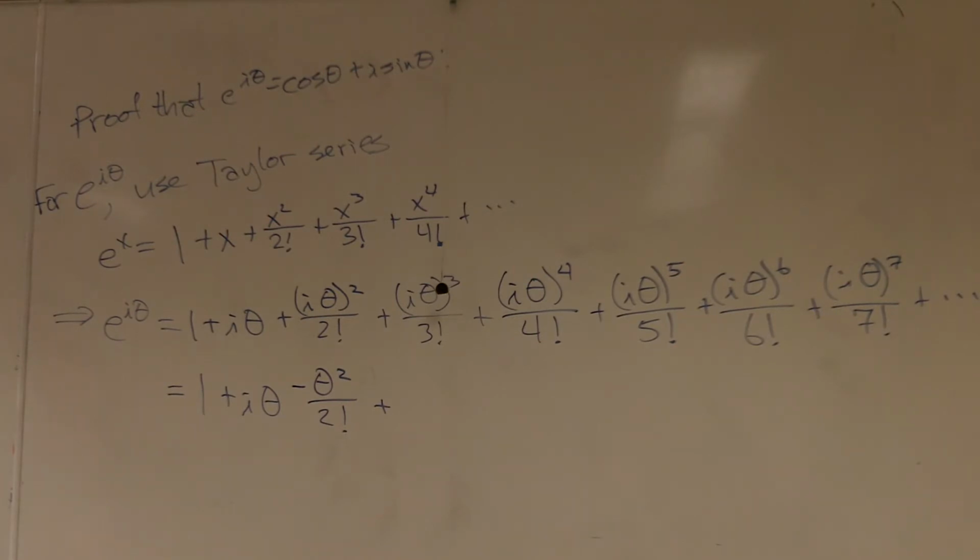What's i to the 4th? 1. Because it's i cubed times yet another factor of i.